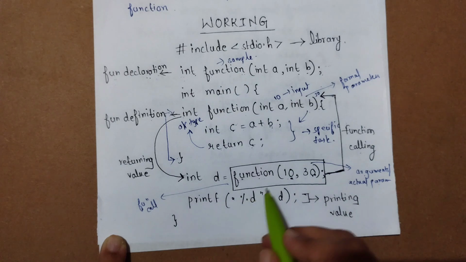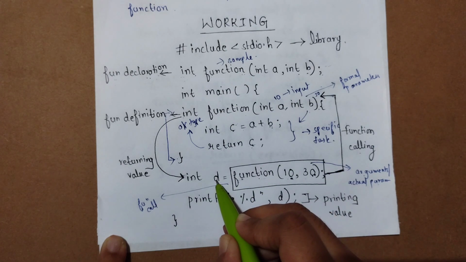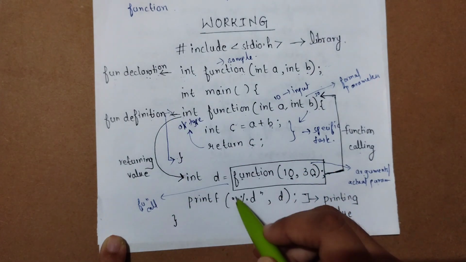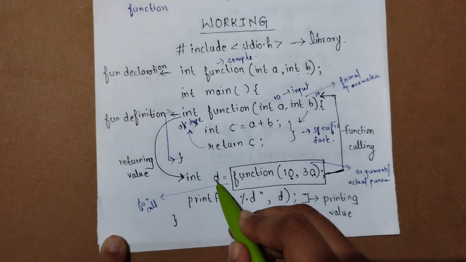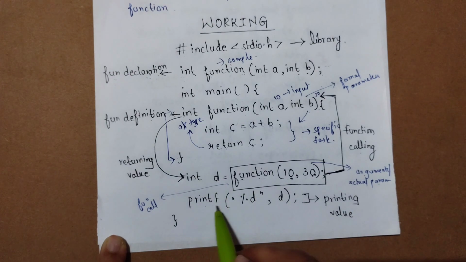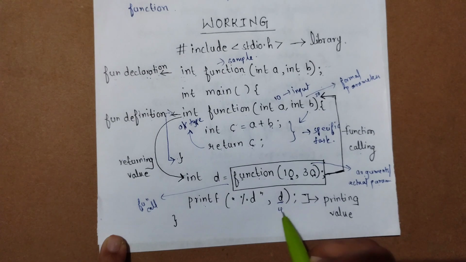So after here in d, what it will return? It will return 40, right? When it returns 40, d contains 40. So when the compiler executes the print statement, it will print d value as 40.